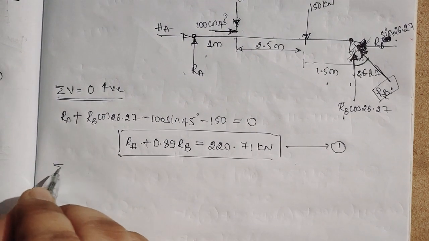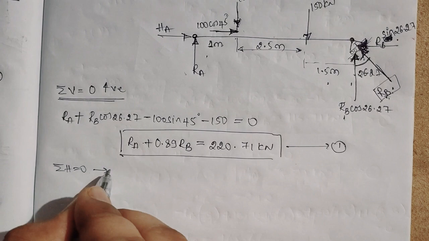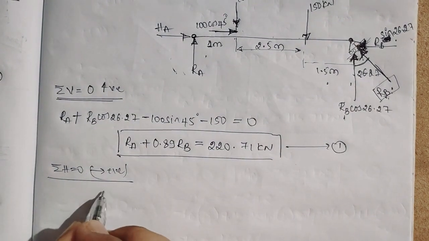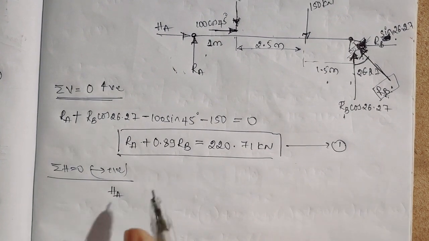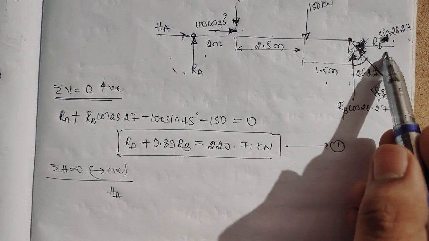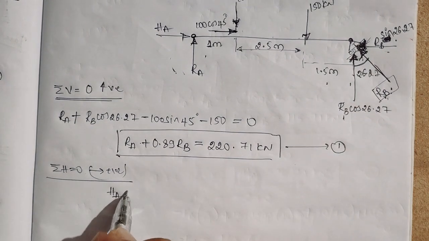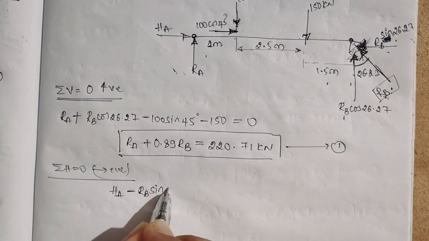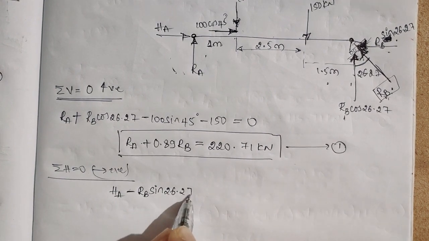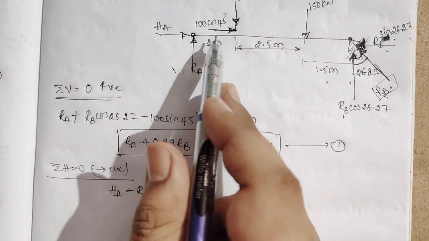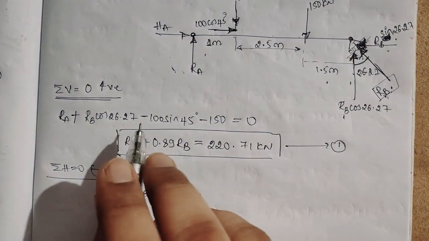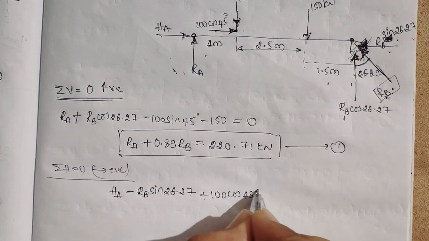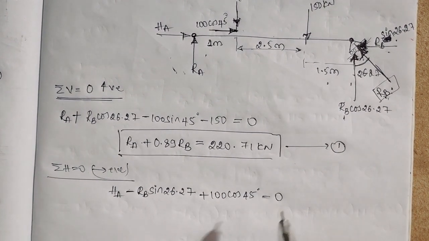So next, horizontal forces equal to 0, left to right as positive. So what are the horizontal forces? HA. Now we have another horizontal component here at the support only, that is minus RB sine 26.27. Then any horizontal force, yes, here 100 cos 45, it is left to right, so it is positive. 100 cos 45 is equal to 0.